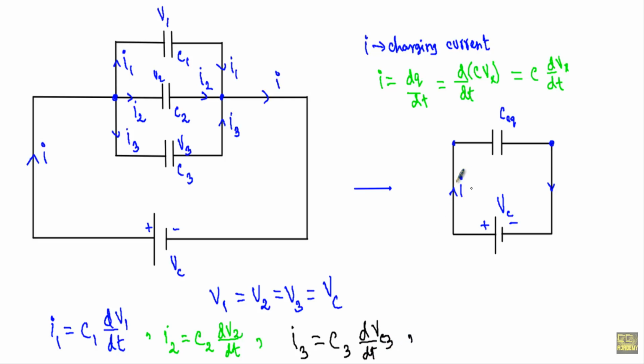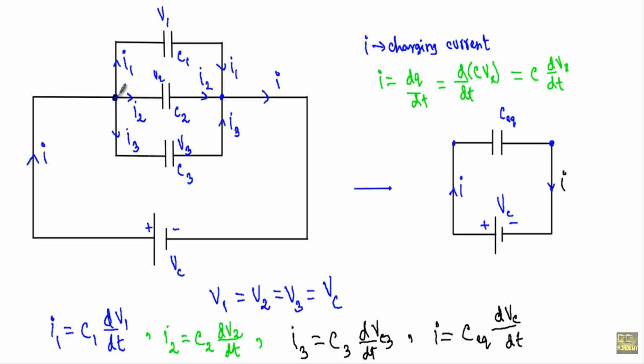Now what will be the equation of total current I? Here you will see this total current I will be flowing in this circuit when I replace these three capacitors with the C equivalent. So this I will be the charging current when we have this equivalent capacitance. Therefore I will get C equivalent dVc by dt.